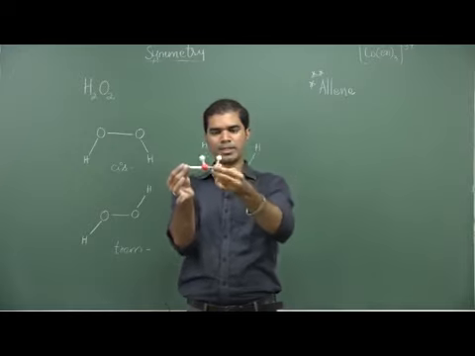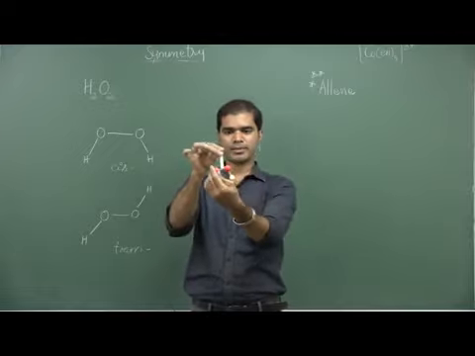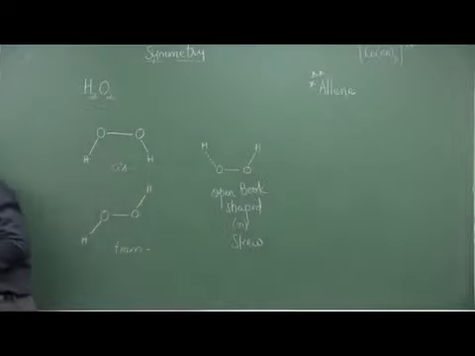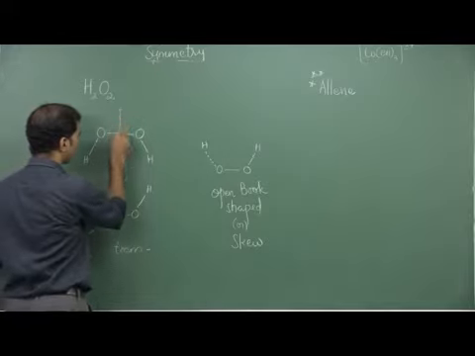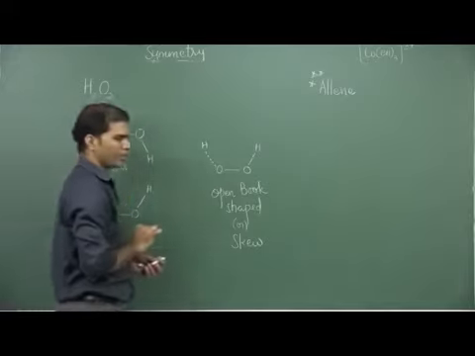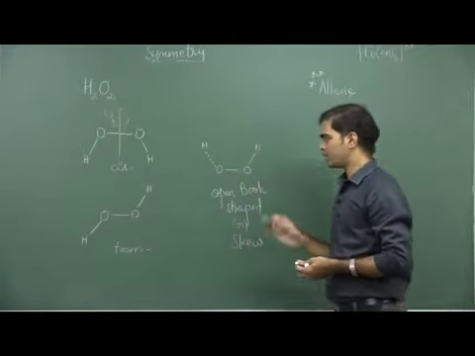So this is absent, this is also absent, but this is present. So there is only one rotational axis C2 that is passing between the two oxygens, around which if a rotation operation is carried out, it will bring an equivalent configuration. That is for cis.